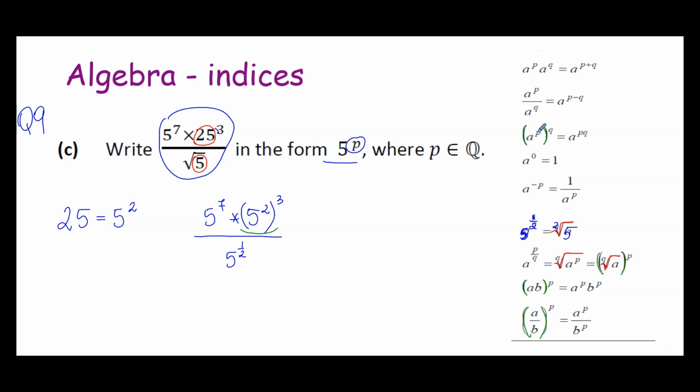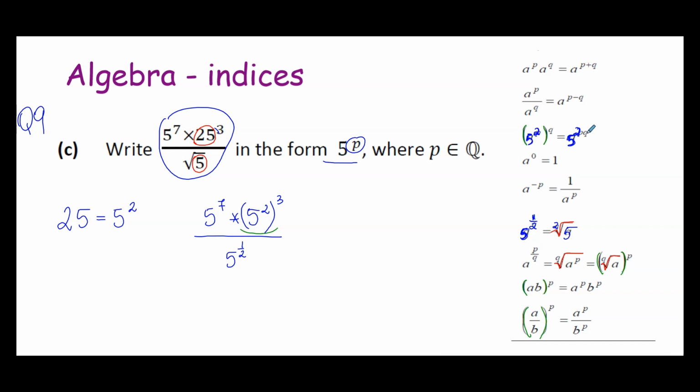I have a number that is taken to the power in bracket, and then I have another power behind it. So my number here that is taken to the power is 5. So a is 5. If a is 5, that means on the other side of the equation, instead of a, we have 5. My power inside is 2, therefore p is 2. So if that is 2, then that is 2 as well.